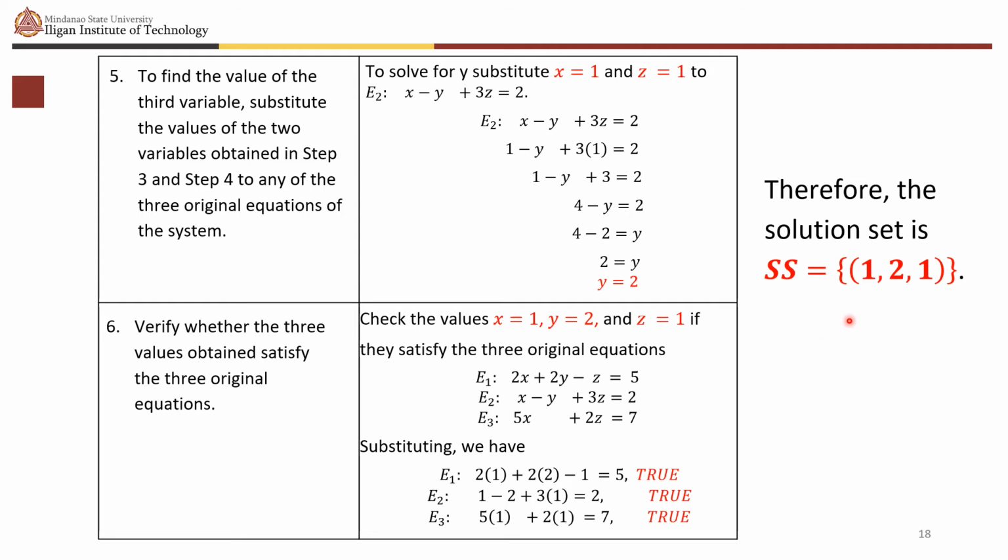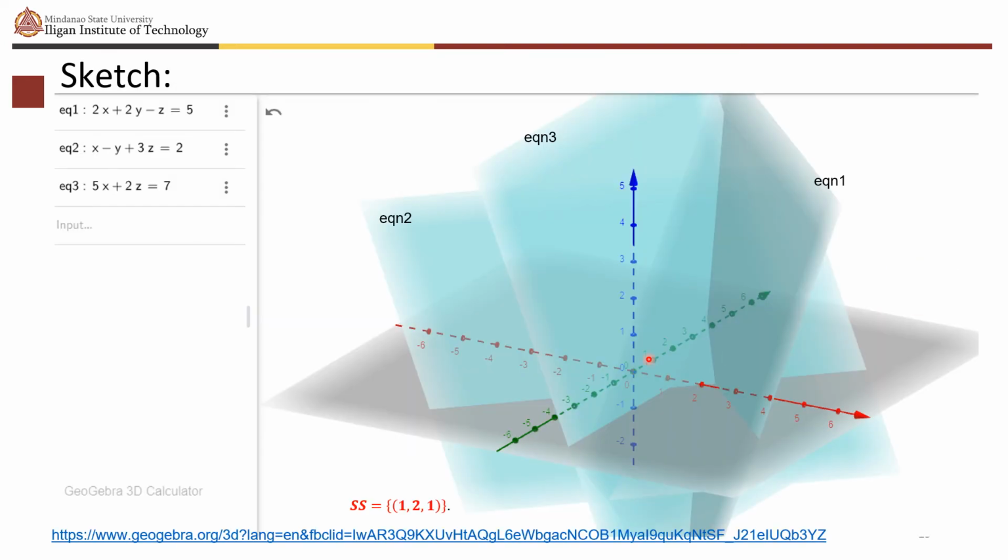And to visualize this solution set, we have the following sketch. You have here the sketch containing all the three equations, 2x plus 2y minus z is equal to 5. Then we have equation 2, x minus y plus 3z is equal to 2, represented by this plane here.